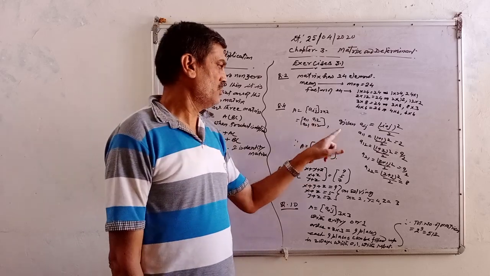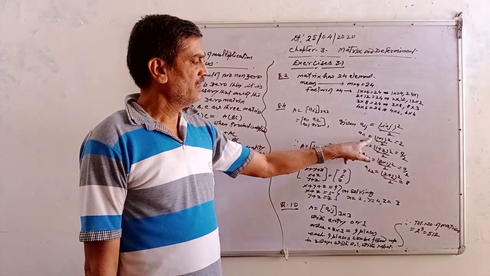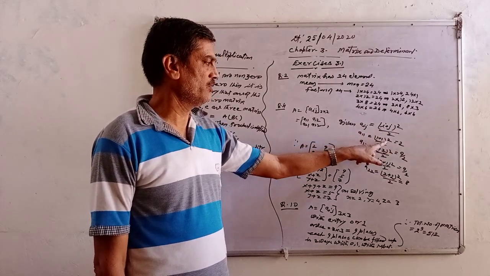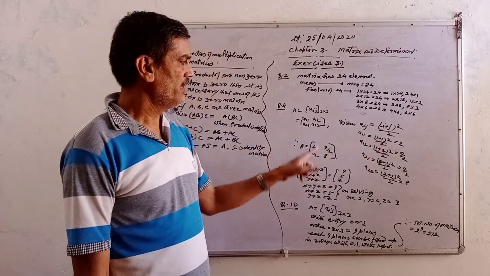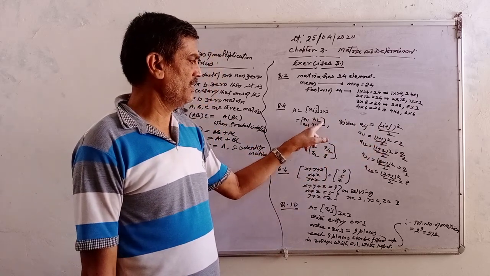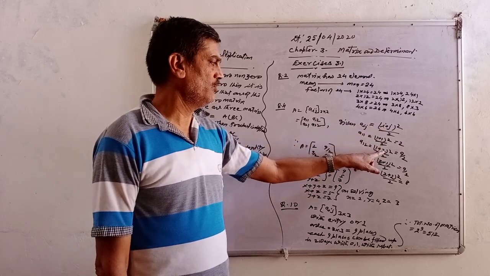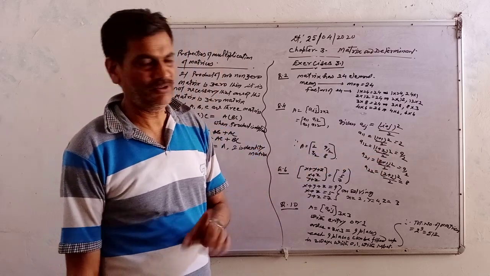So for the first element A11, putting 1 in place of i and j, (1 plus 1) whole square by 2, 2 square by 2, that is 2. Now the value of second element A12, i is 1, j is 2, (1 plus 2), 3 square by 2, that is 9 by 2.